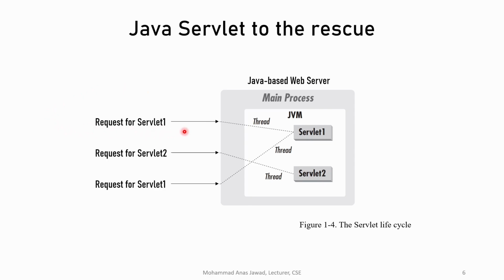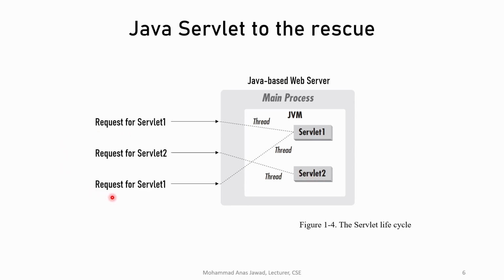As you can see from the diagram, this request spawns a new thread in our main process, and this thread is calling the servlet. Next, we have another request incoming for servlet 2, and this also spawns another thread that is using servlet 2 in our server.